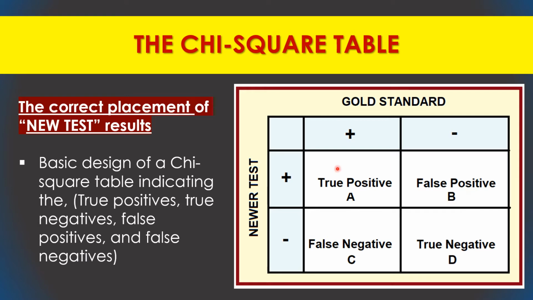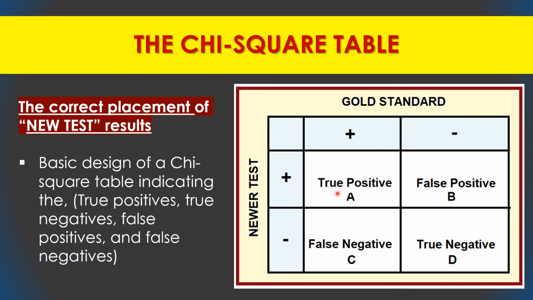So again, we have numbers here. For example, if you have 5,000 cases, how many of them are true positive? Both are done by the gold standard, these 5,000 cases, and by the new test. Out of the 5,000, how many cases are true positive?